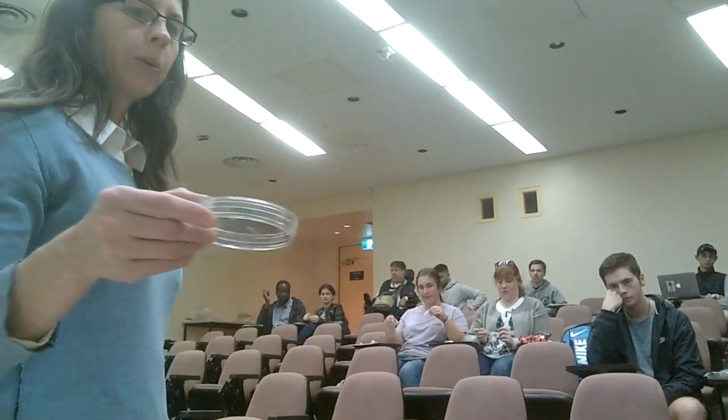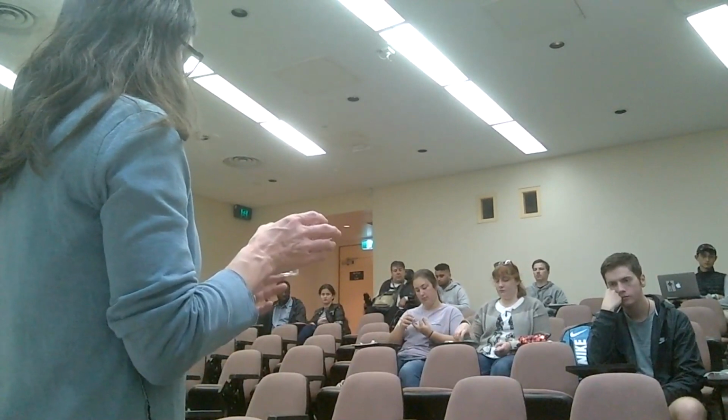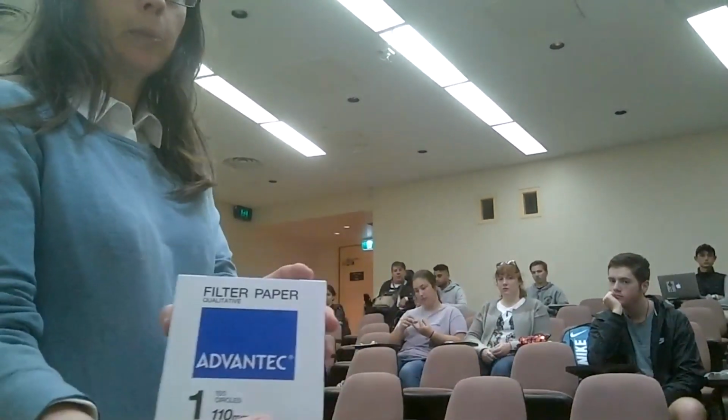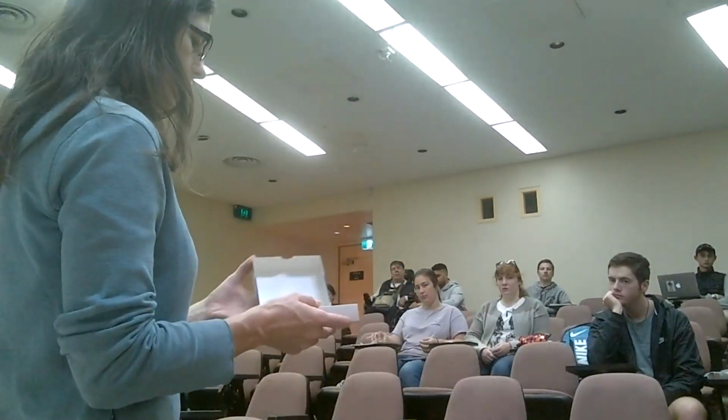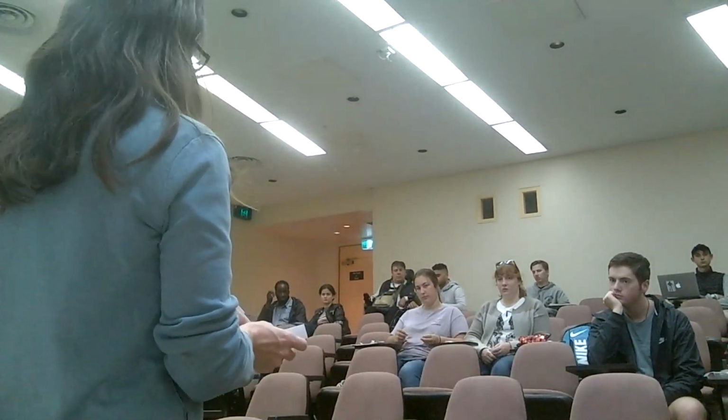Your second component is a Petri dish, in which you will hopefully have a number of seeds to place. The next component of the experiment is filter paper, which is used because, 1, it's clean and sterile. You'll all get a piece of filter paper.